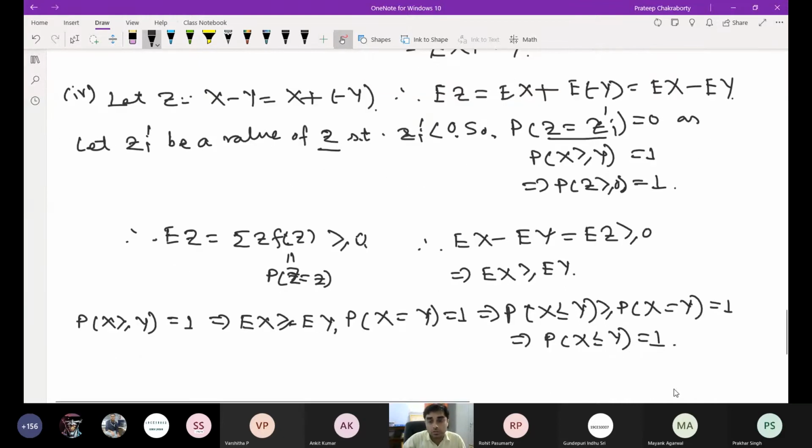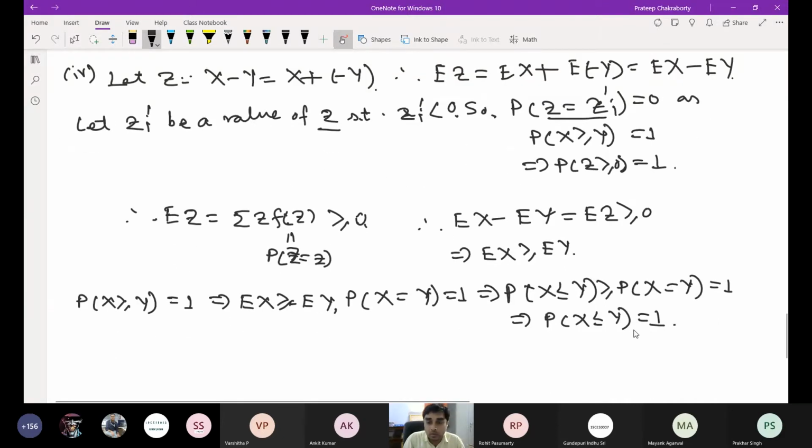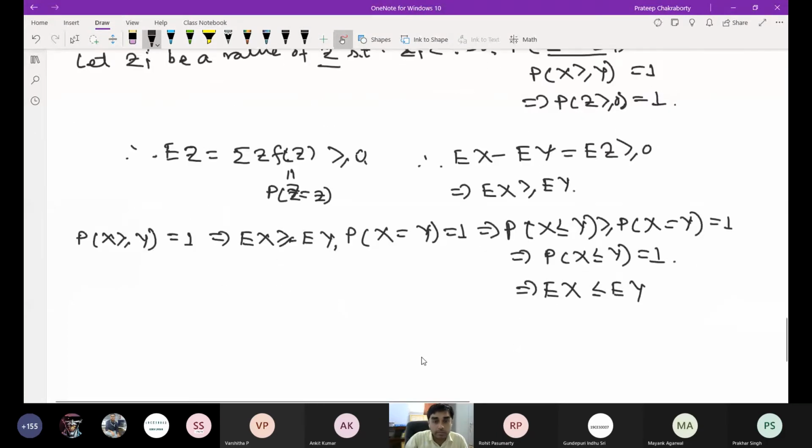So P(X ≤ Y) has probability 1. This implies EX ≤ EY. So these two imply this and this. These two imply EX equal to EY.